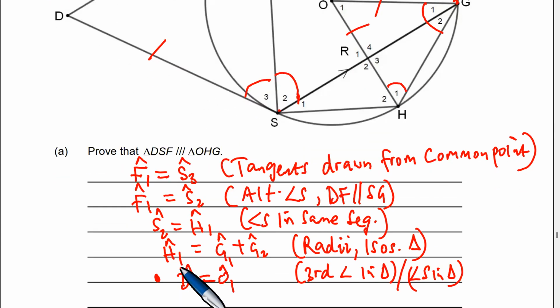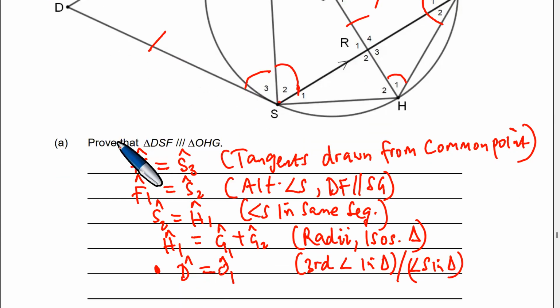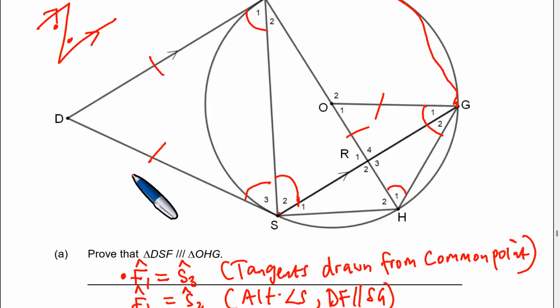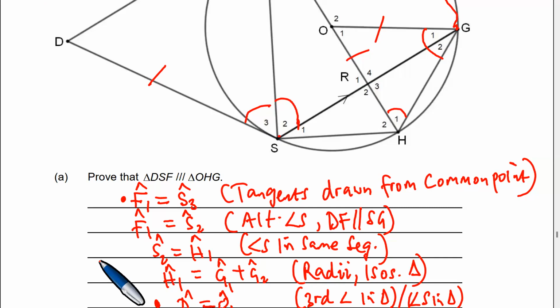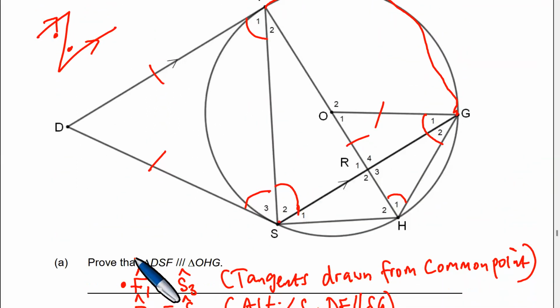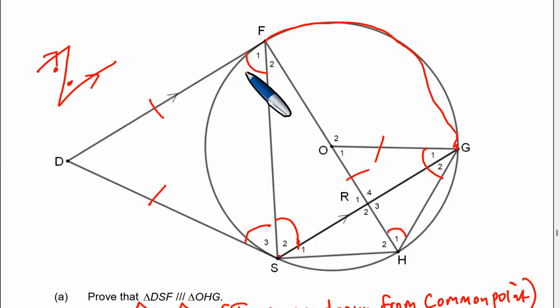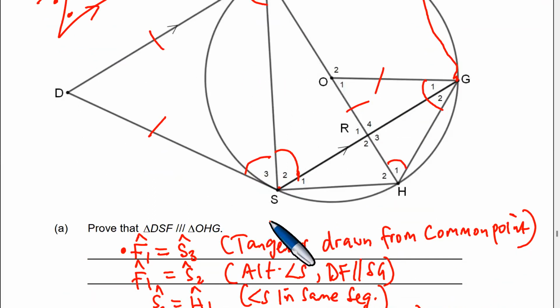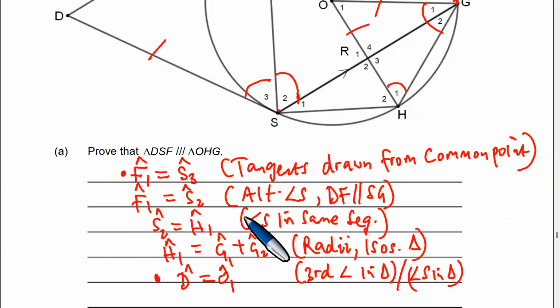Right. So you have this angle F1. In other words, you have connected F1 and S3, but also you have connected angle H1 and G. You have connected also angle F1 and H1, S3 with H1 have as well been connected.